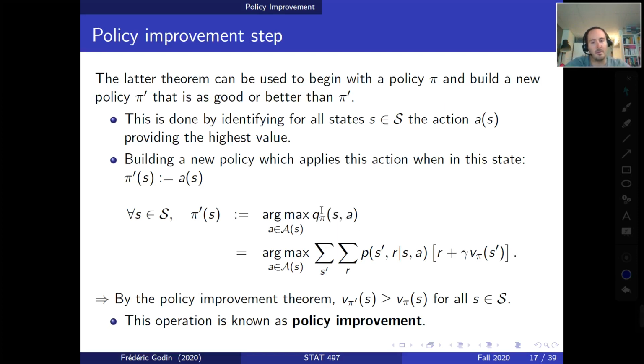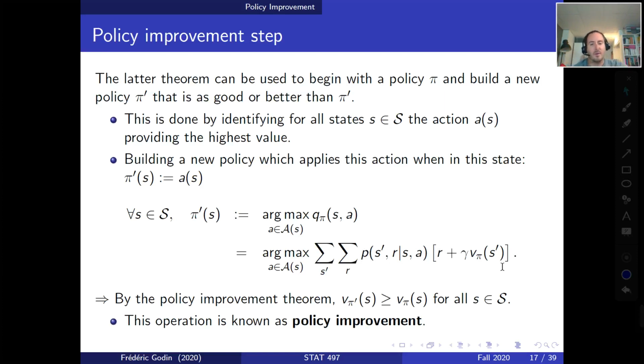Okay, and here this q pi S A, as we've seen previously, it's possible to express it according to the following equation. So q pi S A is simply the sum across all possible successor states and rewards for the next time step of the transition function times the next reward plus gamma times the value function at the next state S prime.